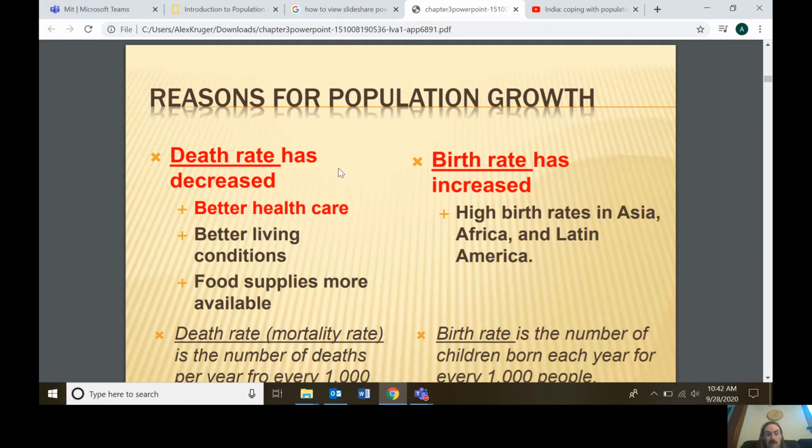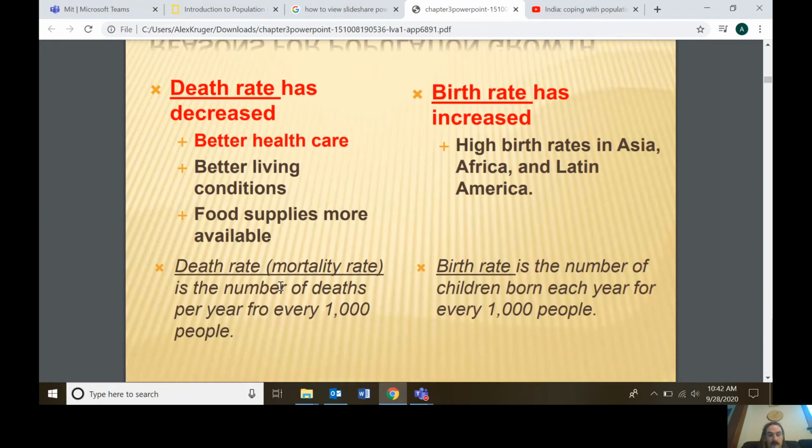Birth rate, so death rate's decreased. The death rate is the number of deaths per year for every 1,000 people. I said "fro," but that's supposed to be "for." So the death rate is number of deaths divided by every 1,000. That's the death rate.